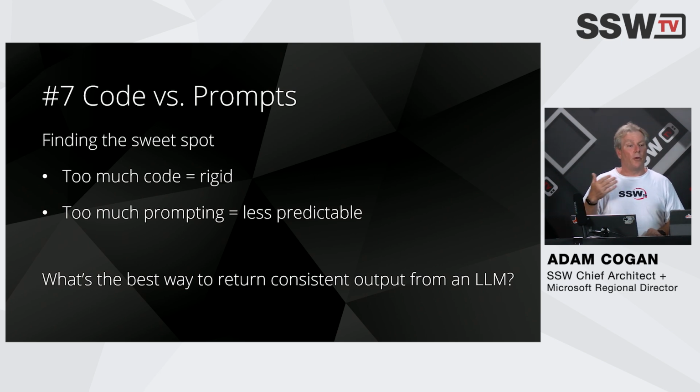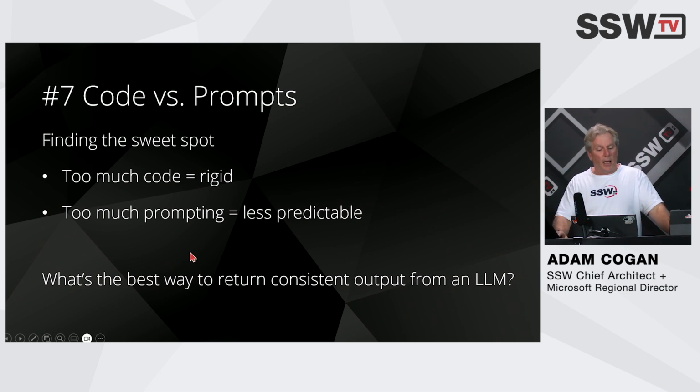I thought people report bugs in the way that I report bugs, or the way I've taught a lot of people to report bugs. So if you have too much code, your app is rigid. If you have too much prompting, it can be less predictable.